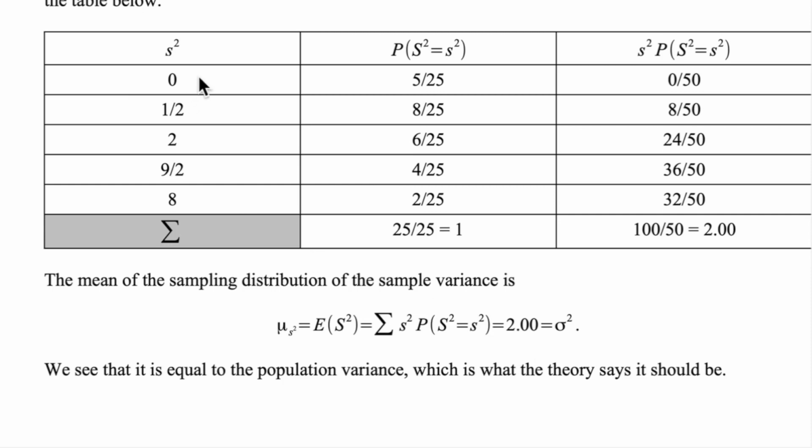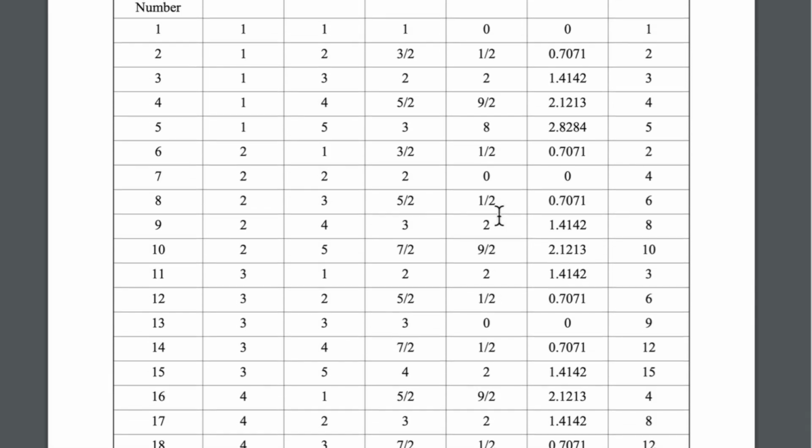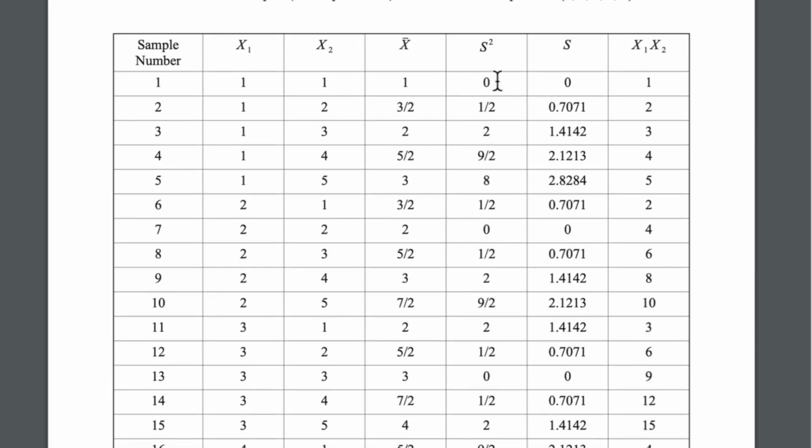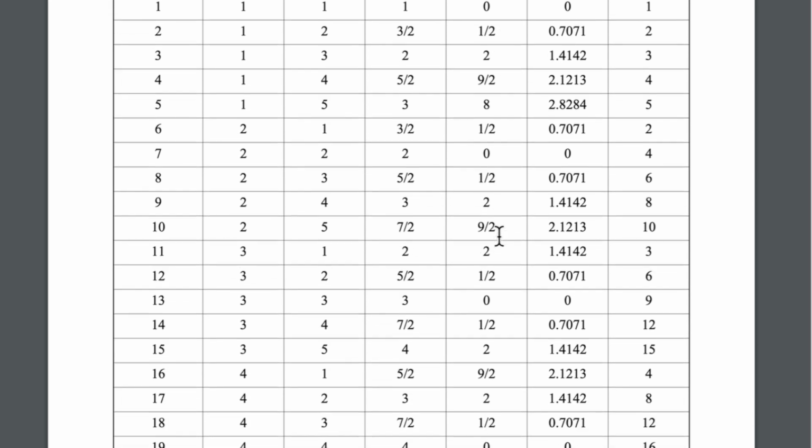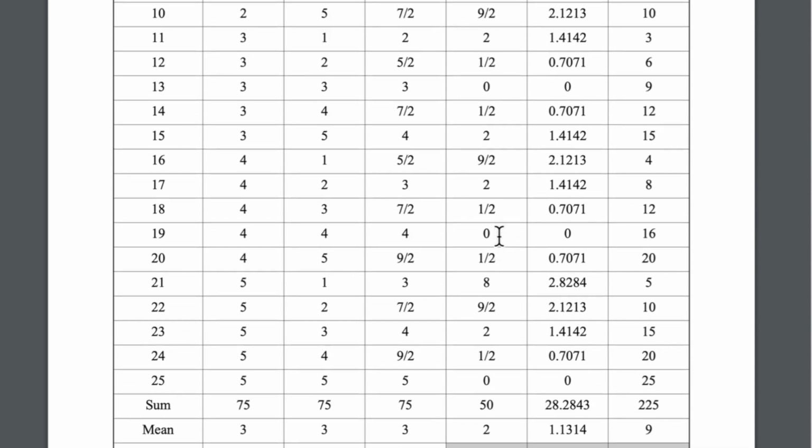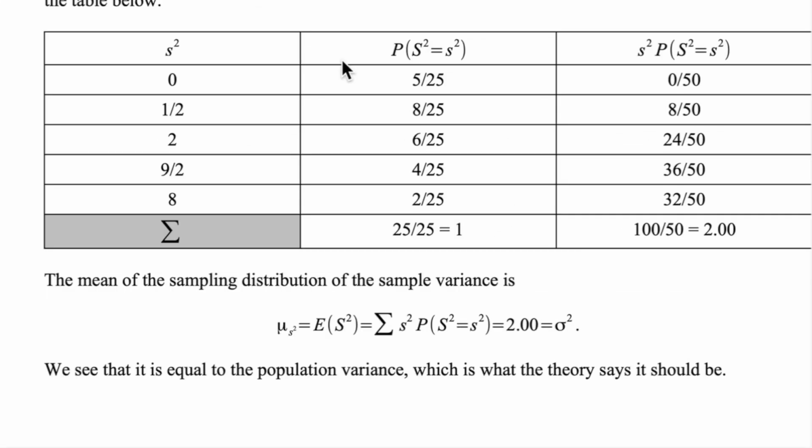So from one sample to another, and in fact, if I go back here, this is perhaps more easily seen, we can see that from one sample to another, the sample variance varies, okay? But the mean of those values will be equal to the variance of the population, all right? And that is what the theory says should be the case.